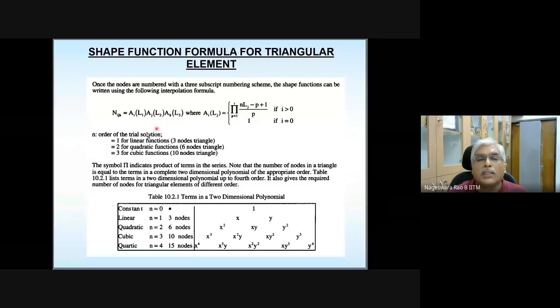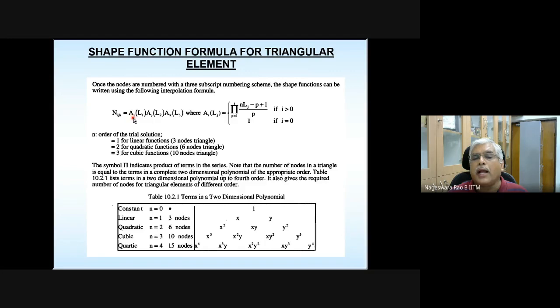So what I suggest is you make a note of this formula in your notebook. So once you get L1, L2, L3 for each of the nodes, the shape function corresponding to that node can be obtained using this relation, where I takes values of L1, J takes values of L2, K takes values of L3.